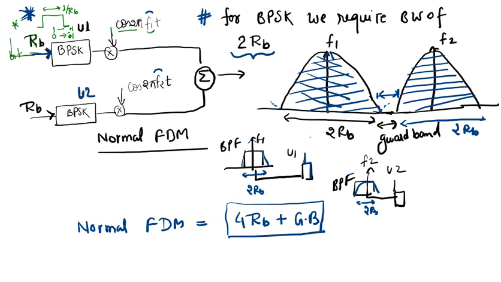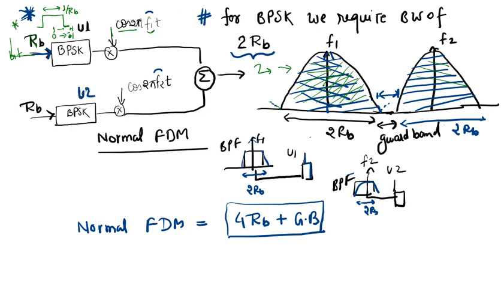Similarly, if we perform the same thing for user 2 at frequency F2, the summation of these two signals goes through the channel, and over the channel the power spectral density would look something like this. It will be a sinc, and I have just used the main lobe because most of the information is inside the main lobe.